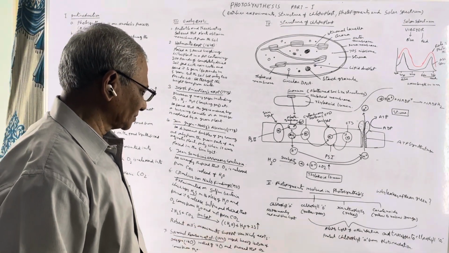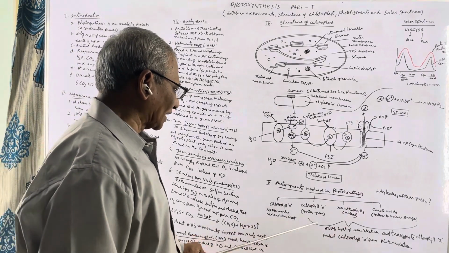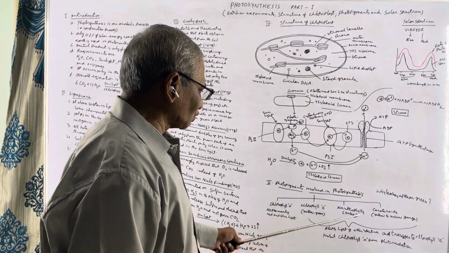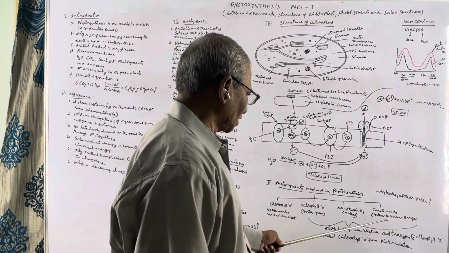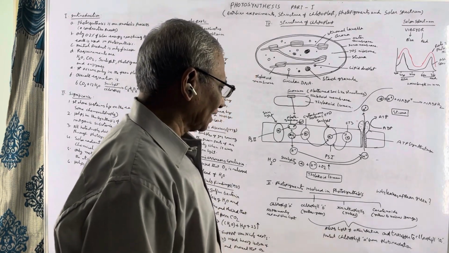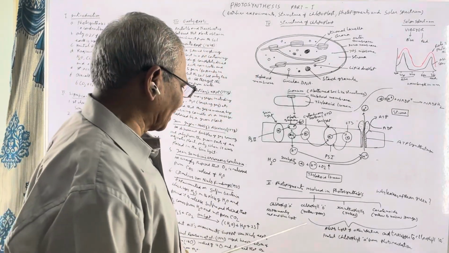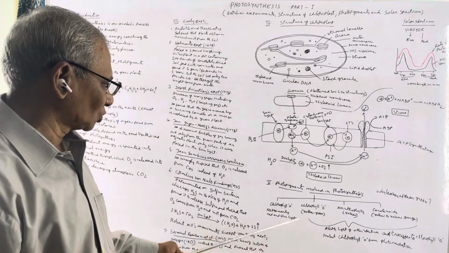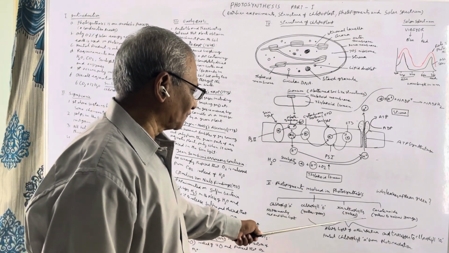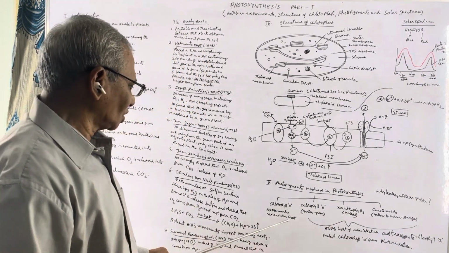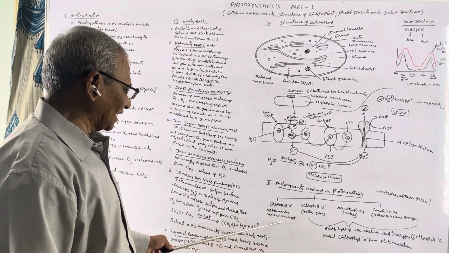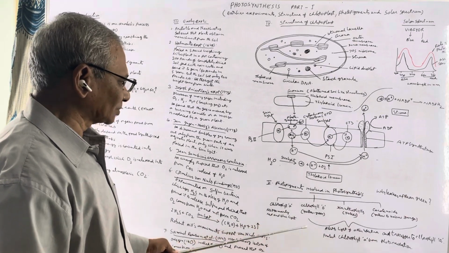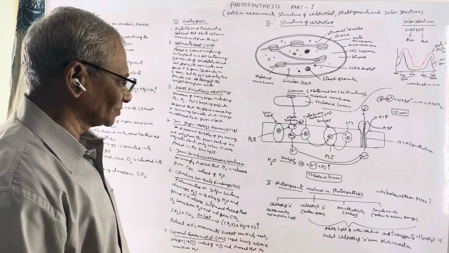Chlorophyll B, it is yellow-green in color. Xanthophylls, yellow. Carotenoids, yellow and yellow-orange. In this way, there are 4 types of photopigments. Chlorophyll A, chlorophyll B, xanthophylls and carotenoids. So, chlorophyll A absorbs mainly red and blue light.